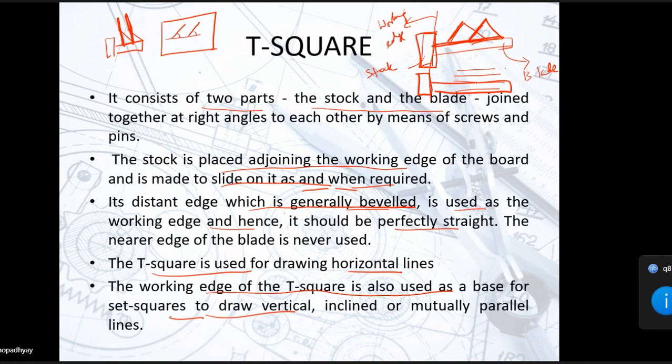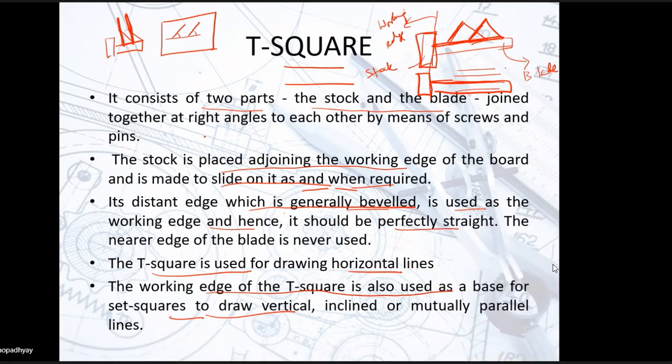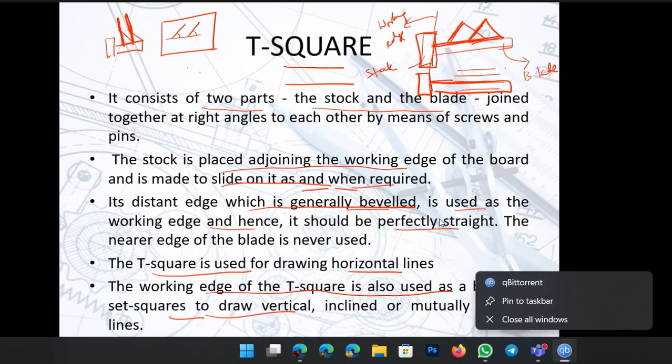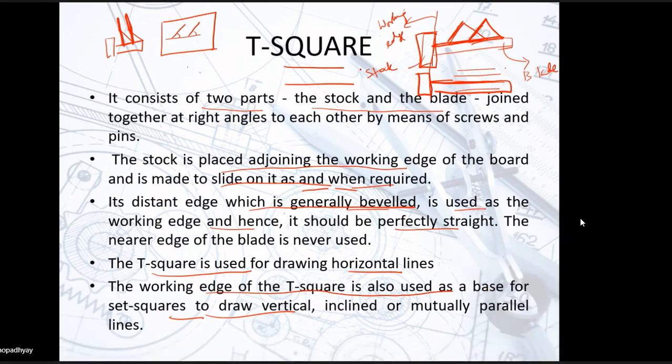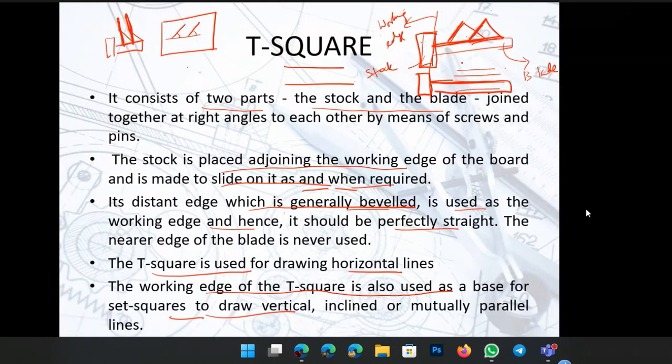Say again using your T square you draw a straight line here. So won't you get two straight long parallel lines? Got it? Yes, sir. Right. And using a combination of T square and set square, you can draw different types of lines, perpendicular lines, inclined parallel lines, etc. You can easily draw that.